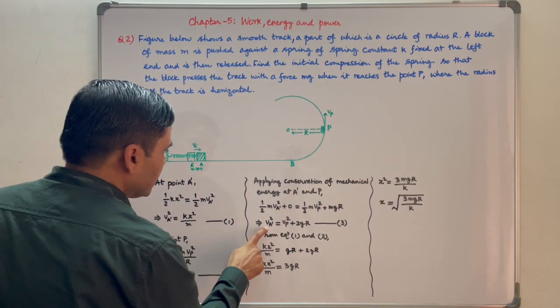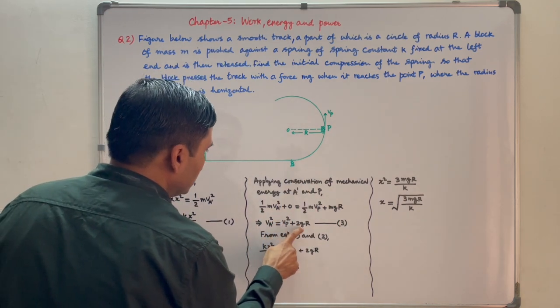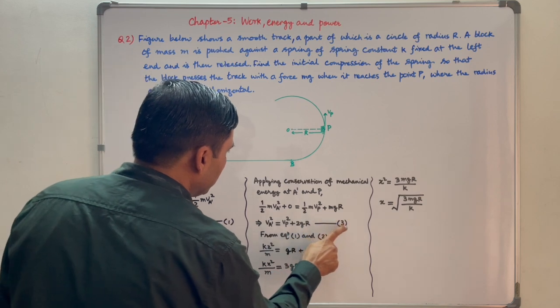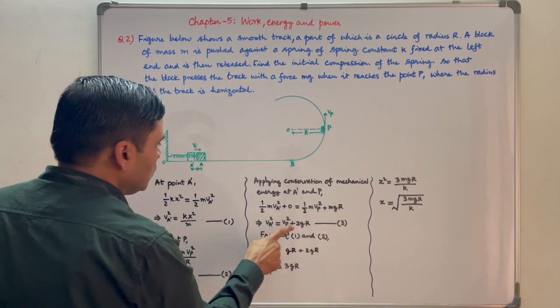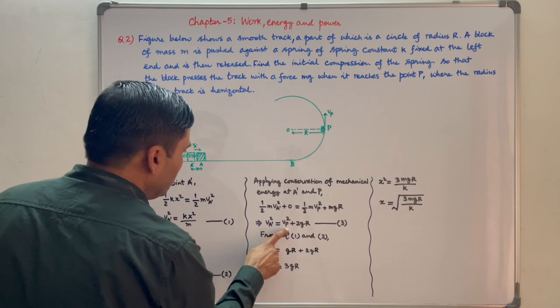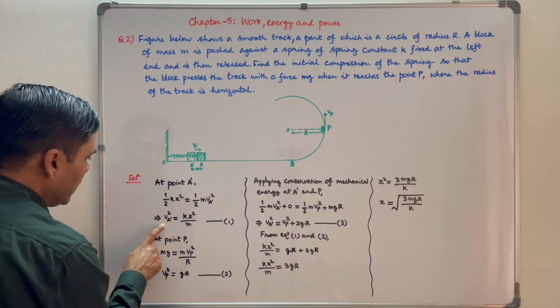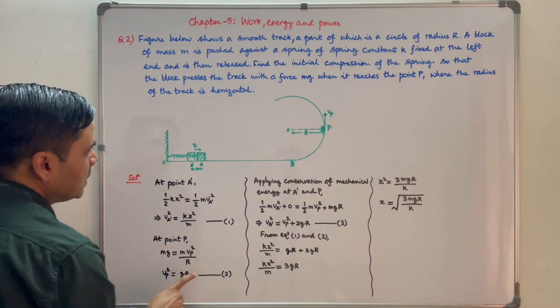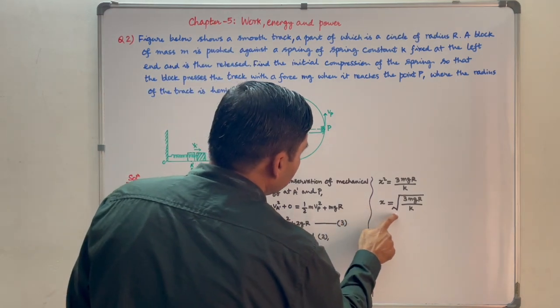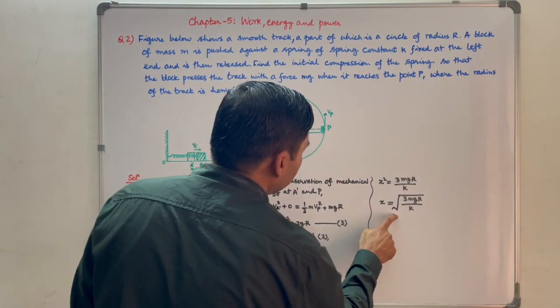This gives VA dash square is equal to Vp square plus 2gr. Suppose this is equation number 3. We can put the values of VA dash square and Vp square from equation number 1 and 2. This gives x is equal to under root 3 mg r upon k.